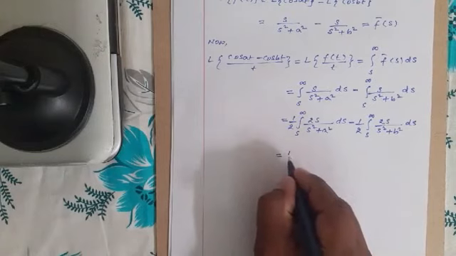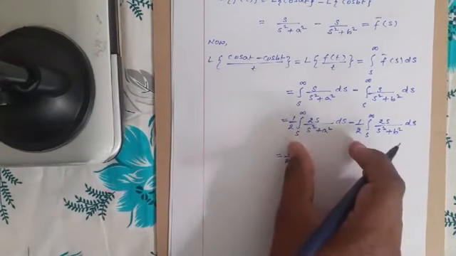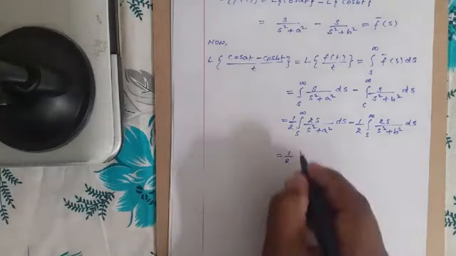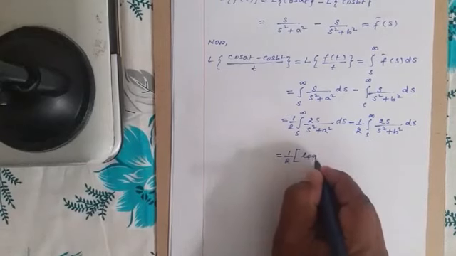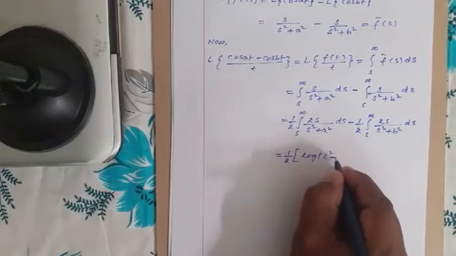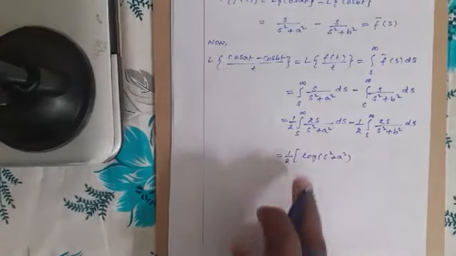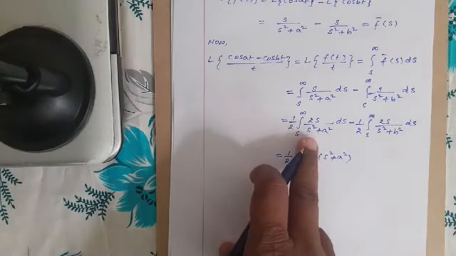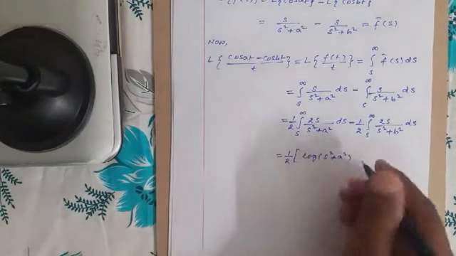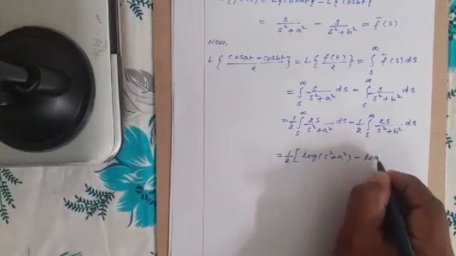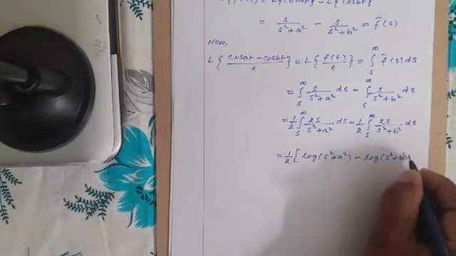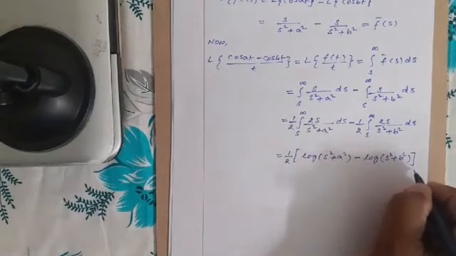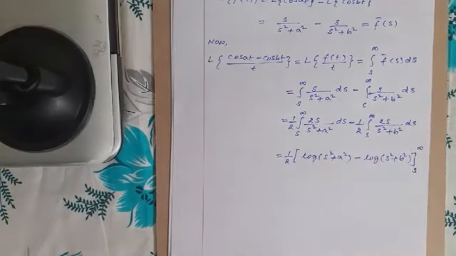I can write here 1 upon 2, taking 1 by 2 common, log s square plus a square, minus log s square plus b square, for the integral of f dash x by f of x as log f of x. Now as the limits are same, I am writing here s to infinity.